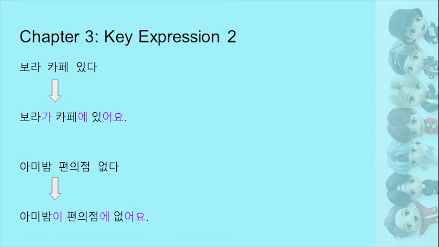So we get 아미밤이. And then the location something is existing or not existing is the 편의점. So we put 에 after that, and then we conjugate 없다 to 없어요. So our full sentence is 아미밤이 편의점에 없어요.